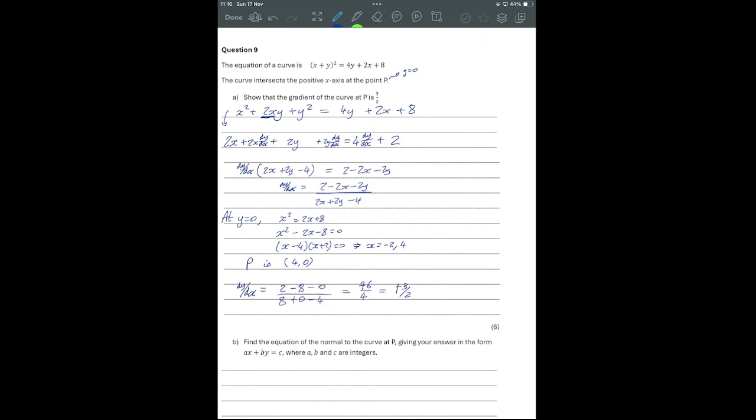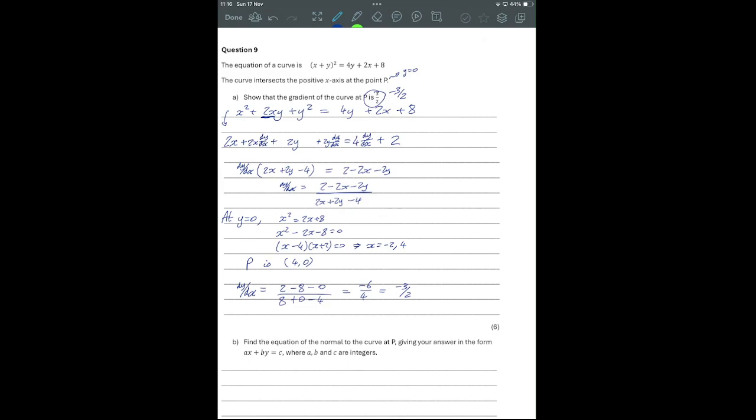If they spot where your error is and they notice that you fudged it, they will give you the same marks as before. And it actually turns out with this question, it was unfortunately a typo of the question itself. The question itself should have been negative 3 over 2, which was just an error in writing the paper, unfortunately.